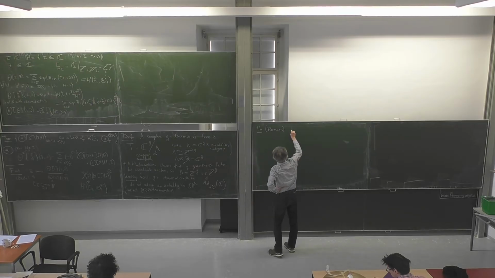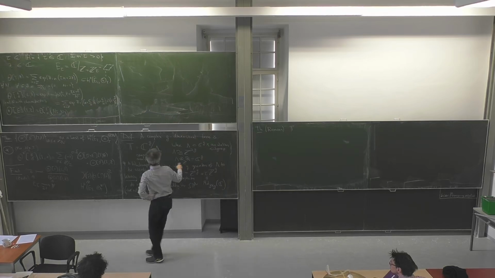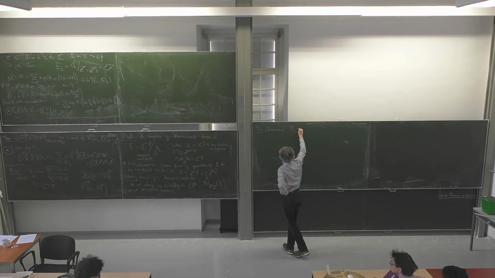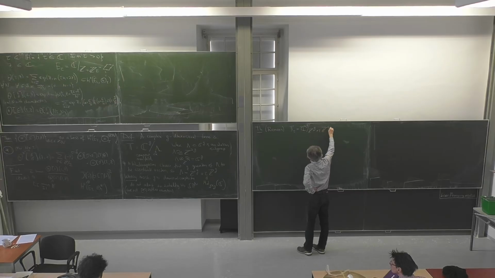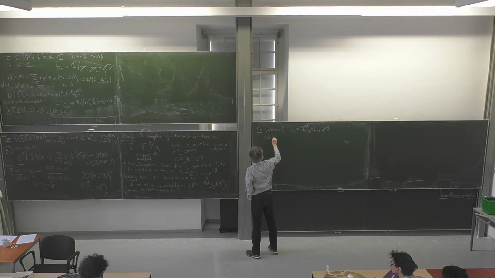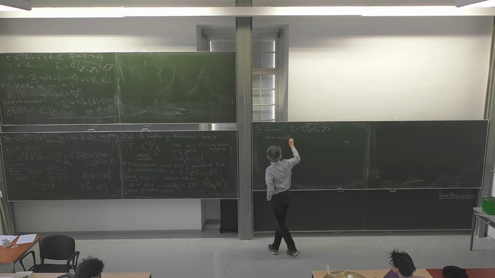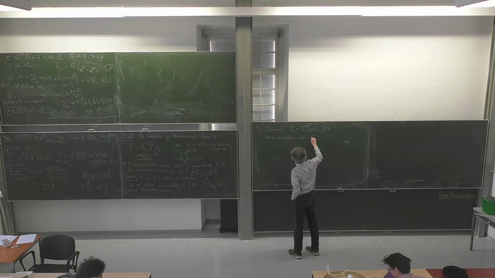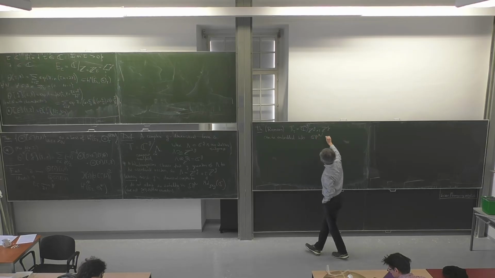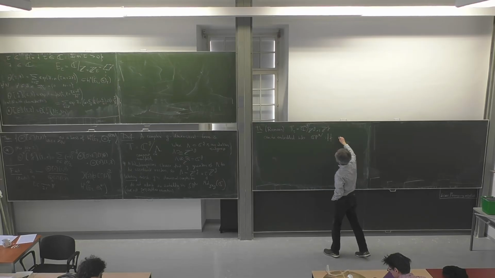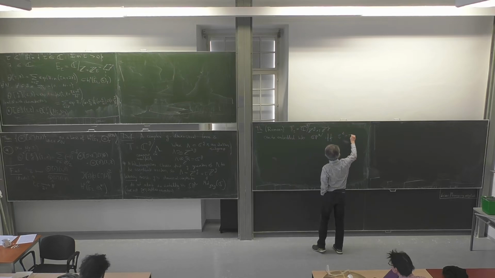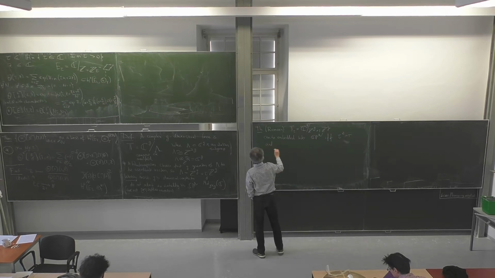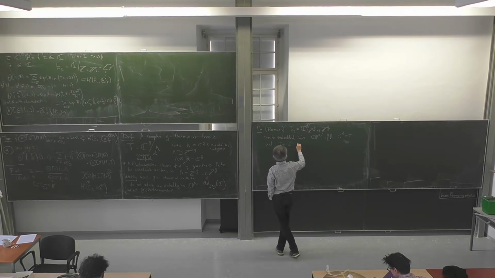So it says that the torus tau can be embedded into CP^N if and only if tau, which remember is a g by g complex matrix, is symmetric and the imaginary part of tau is positive definite.